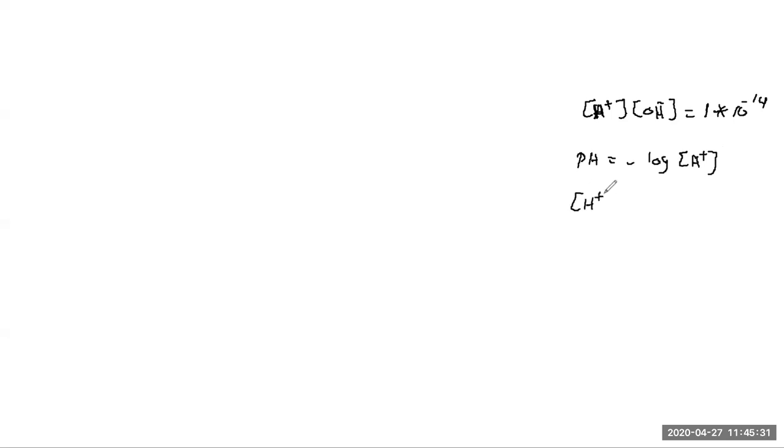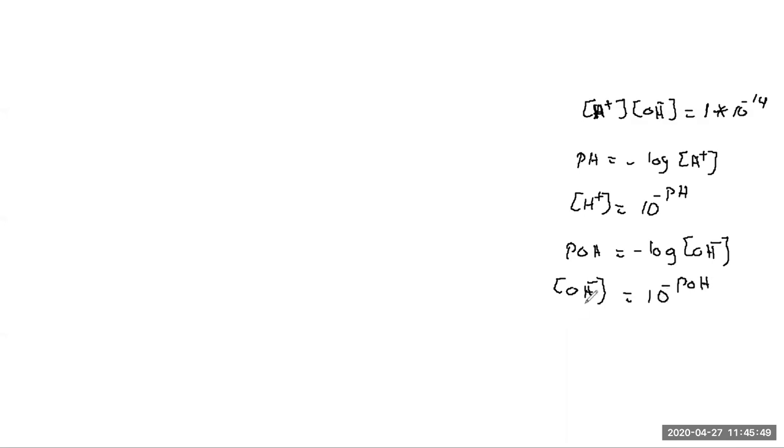Concentration of H positive will equal 10 to negative pH. pOH will equal minus logarithm of the concentration of OH negative. If we need the OH negative concentration, it will be 10 to negative pOH. What else we have? pH plus pOH equals 14.